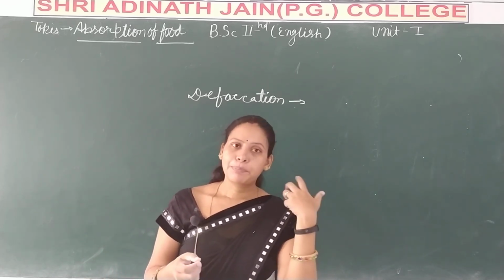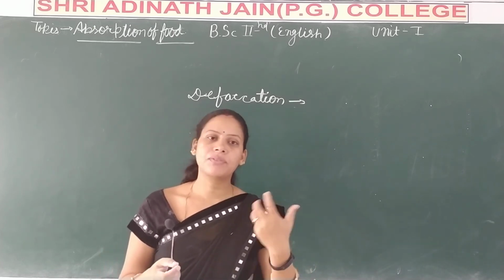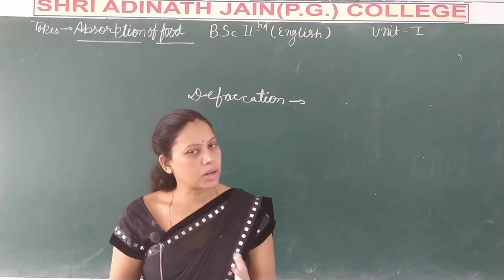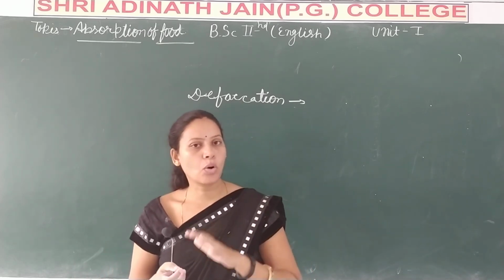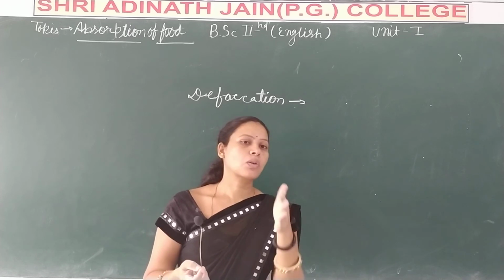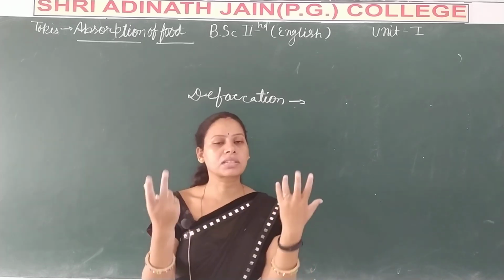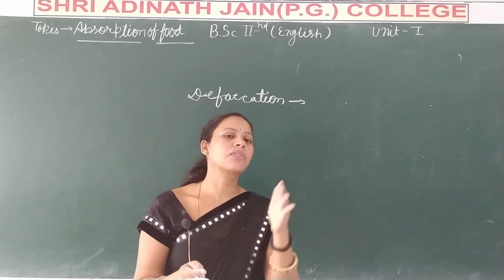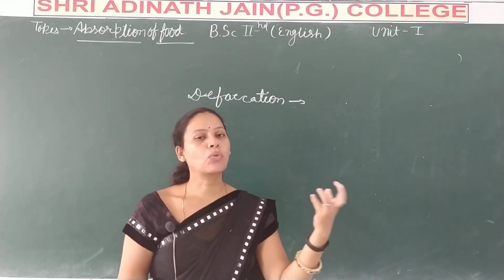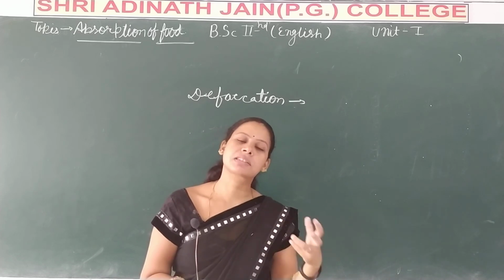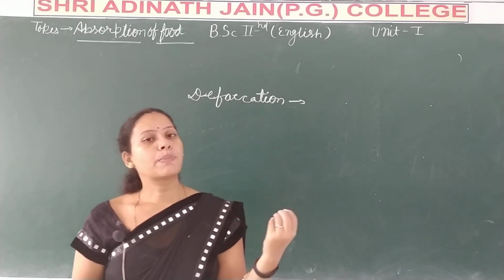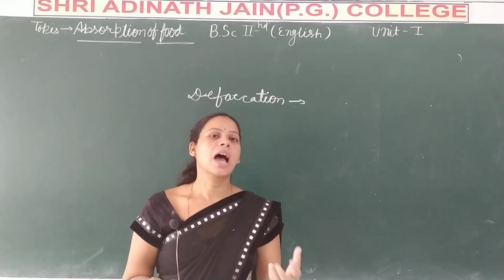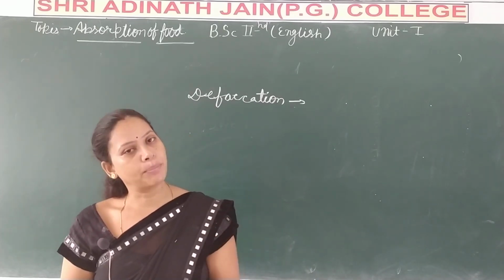The bile pigments bilirubin and biliverdin are converted into mesobilirubinogen, then stercobilinogen, and stercobilinogen is then oxidized into stercobilin, and this stercobilin gives color to the feces. The brown color of feces is given by stercobilin. The odor of feces is due to indole and tryptophan material.